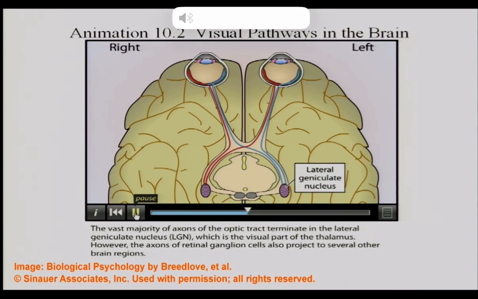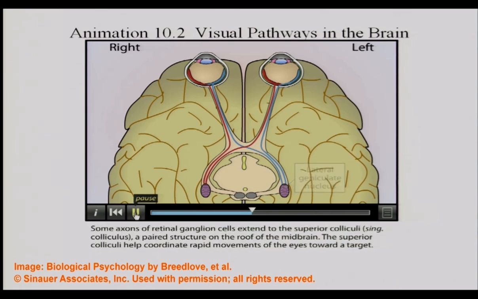However, the axons of retinal ganglion cells also project to several other brain regions. Some axons extend to the superior colliculi, a paired structure on the roof of the midbrain. The superior colliculi help coordinate rapid movements of the eyes toward a target.